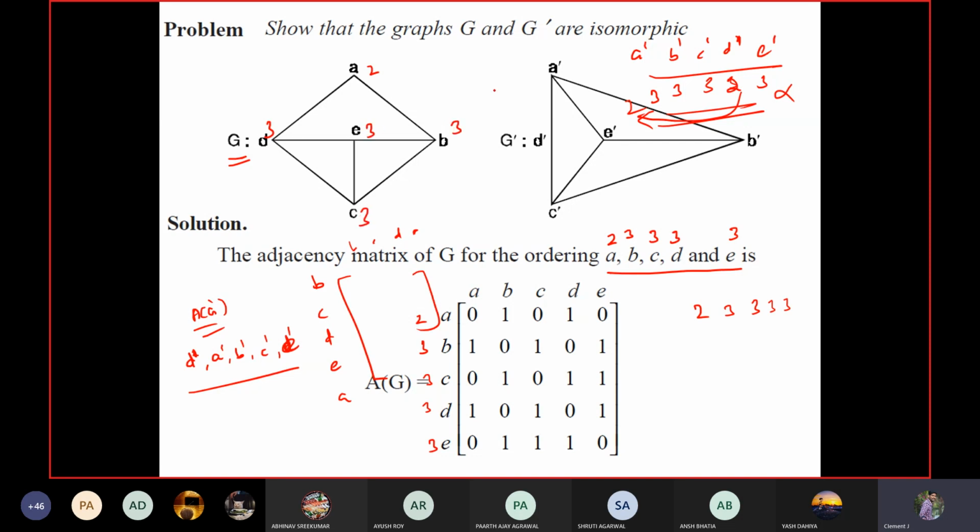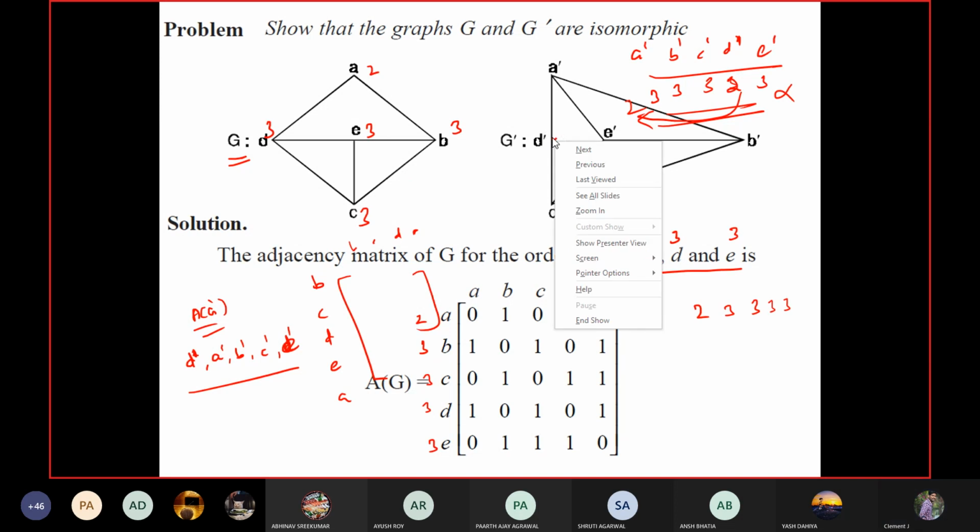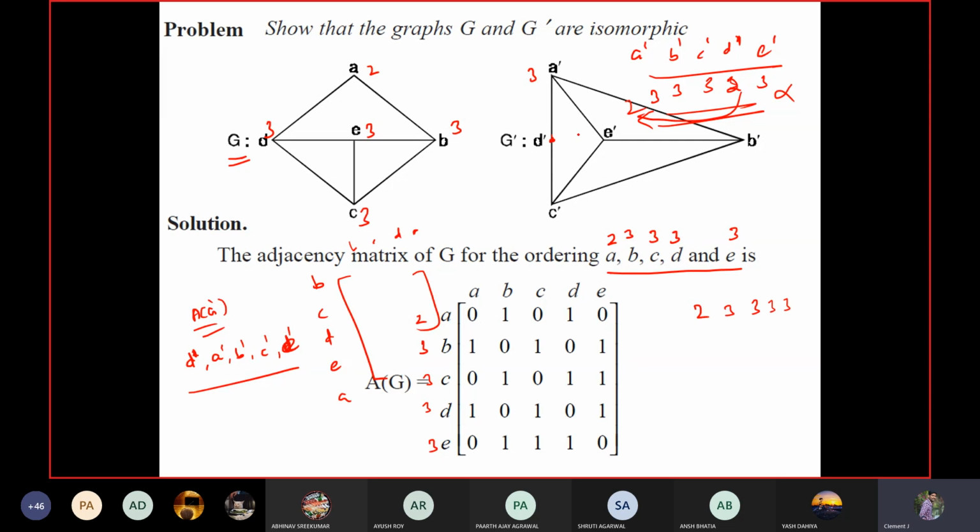So if we consider that, 3, 2, 3, 3, 3. If we consider this as a cycle, 3, 3, 3, that cycle is existing there. That is this cycle. Next 3, 3, 3, another 3.